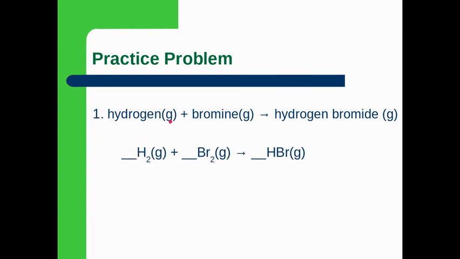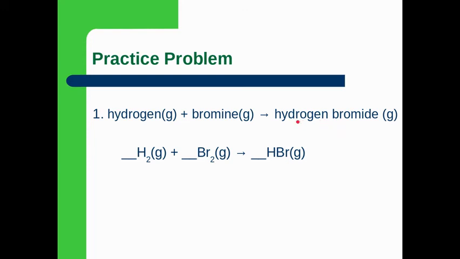And then whenever we have the state symbol in the word equation, we need to use it in the skeleton equation as well. We said bromine was diatomic as well, so Br2. And then what's produced here, and eventually we'll learn how to predict what is produced, is hydrogen bromide. Well, there's no prefix on the bromide, which means that this is an ionic compound.